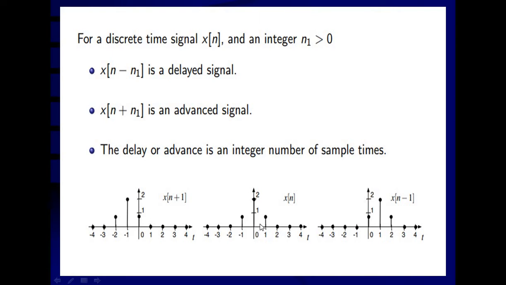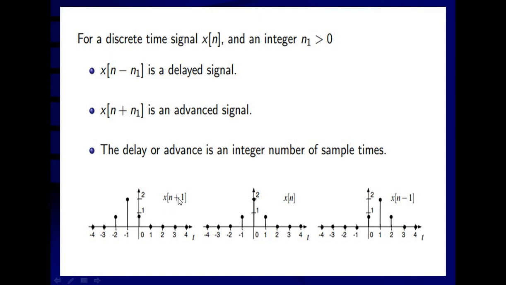Every particular instant of time will appear 1 time unit late. So the minus 1 value, which is 1, is now plotted at 0. Then your next amplitude value, 2, is depicted at 1. Then the next amplitude value, 1, is depicted at 2. So simply glide the signal 1 time unit to the right side.